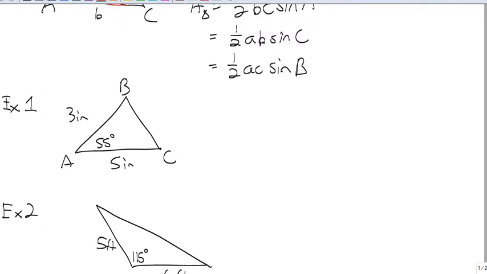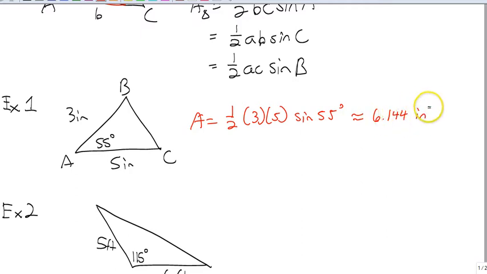So for our example here, the area would just be 1/2 the two sides, which is 3 and 5, and make sure that the angle is in between them. This is for all these side angle side triangles. Sine of 55. So the area you get is approximately, and since I used units, 6.144 square inches.